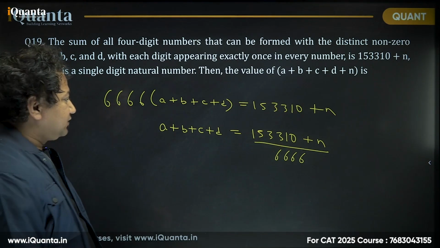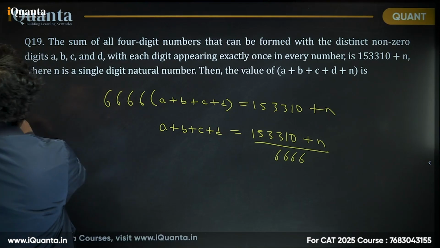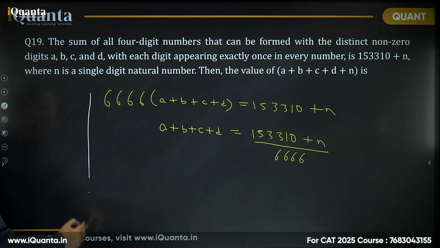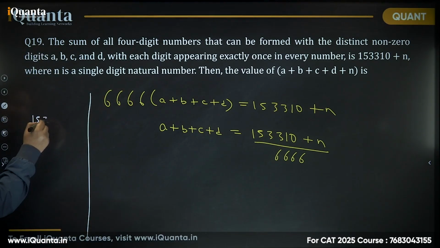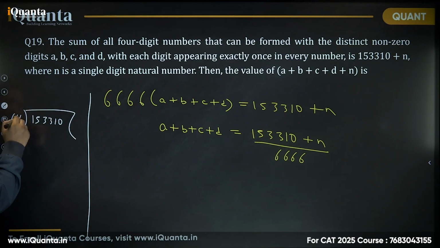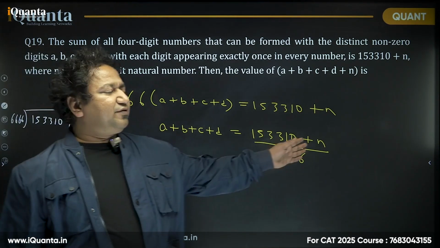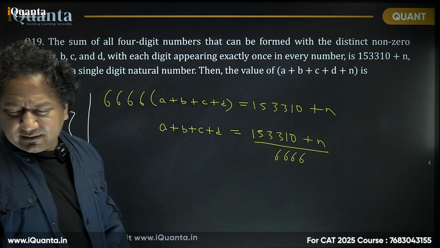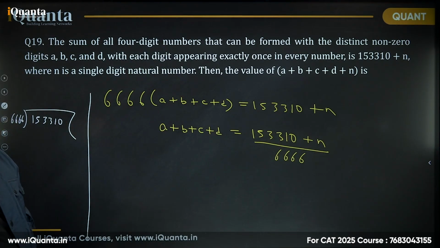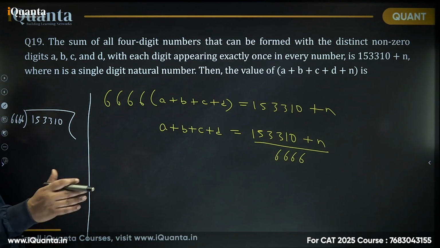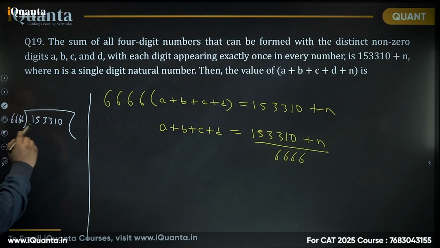Let us try to calculate this by conventional division. I have 153310 divided by 6666. Let's see what the remainder is, and that remainder will help find the value of n. Let's try 2 times.